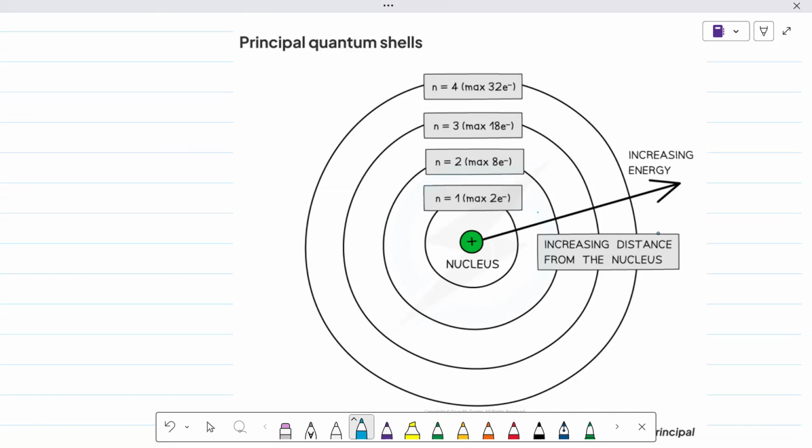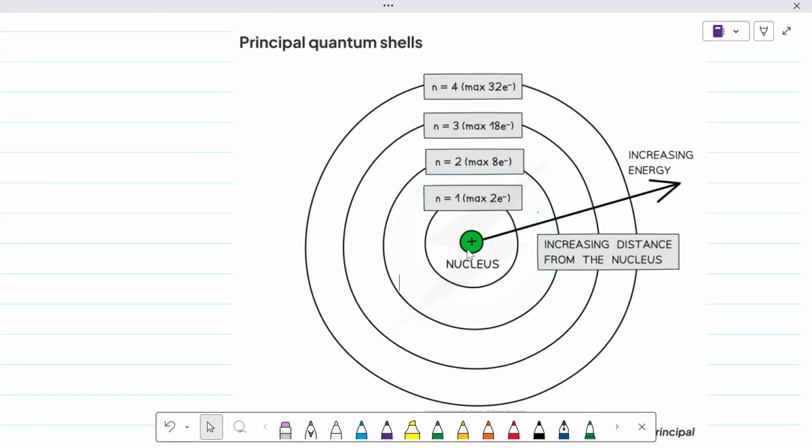Now they have more opportunity to repel each other. The inner shell electrons will repel the outermost shell electrons, and this is how they will get far apart from the positive nucleus. Now the nucleus will have less effect on the outermost shell electrons.